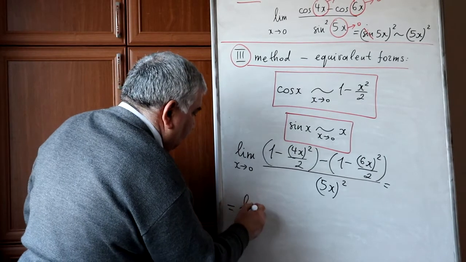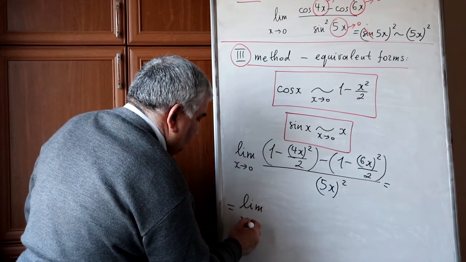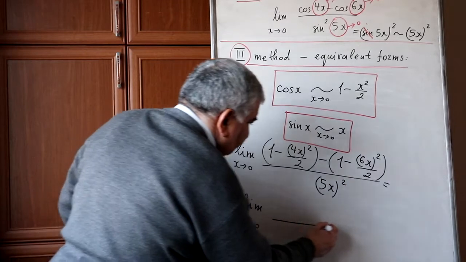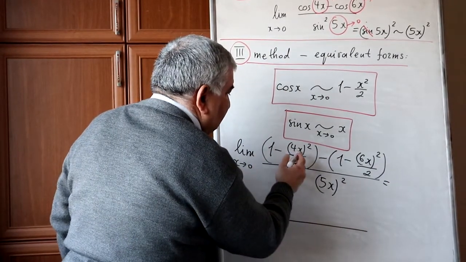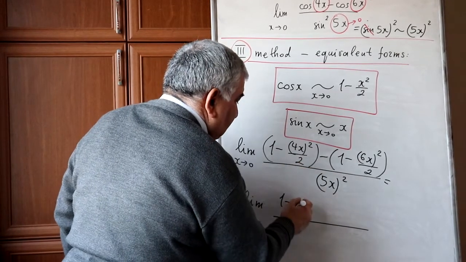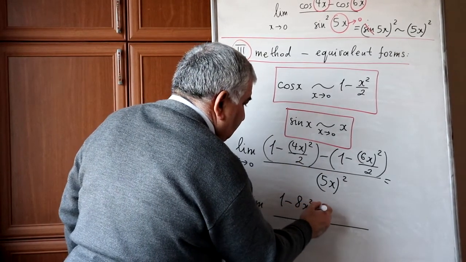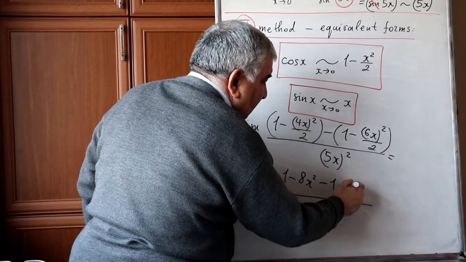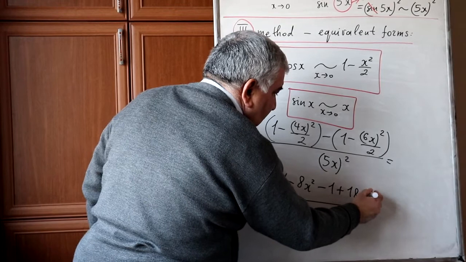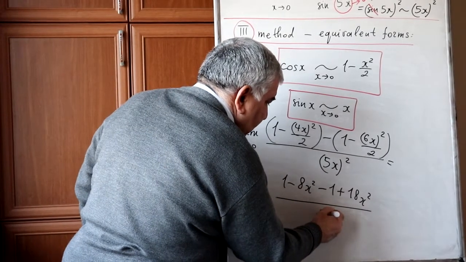Equals a limit when x tends to 0 of 1 minus 16x squared in half, which is 8x squared, minus 1 plus 36x squared in half, which is 18x squared, and here we have 25x squared.